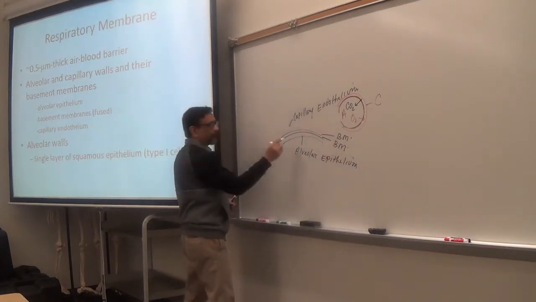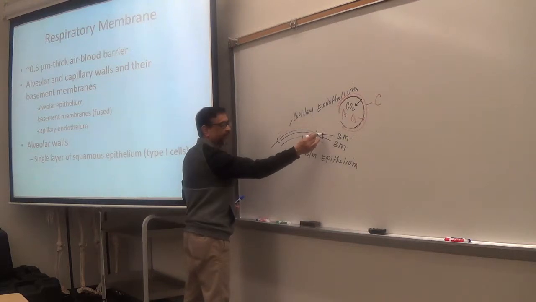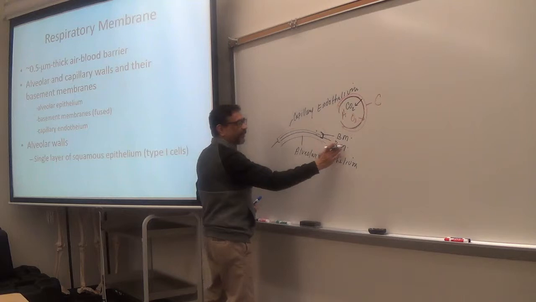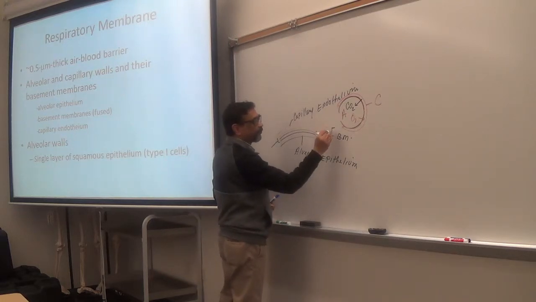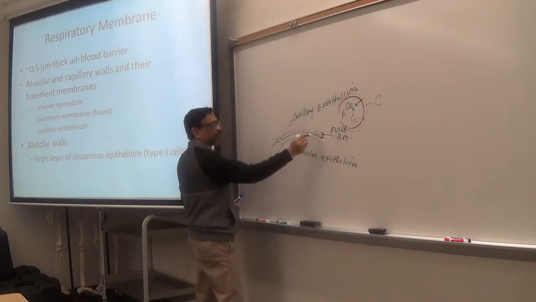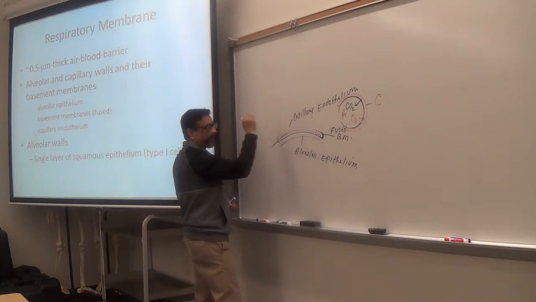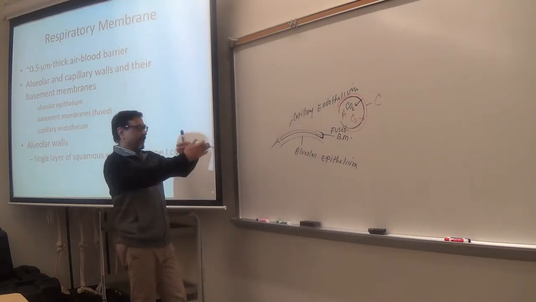Both have basement membranes, and since they are together, we can say fused basement membrane. Two basement membranes, one from capillary wall, another from alveolar wall, attached to each other.